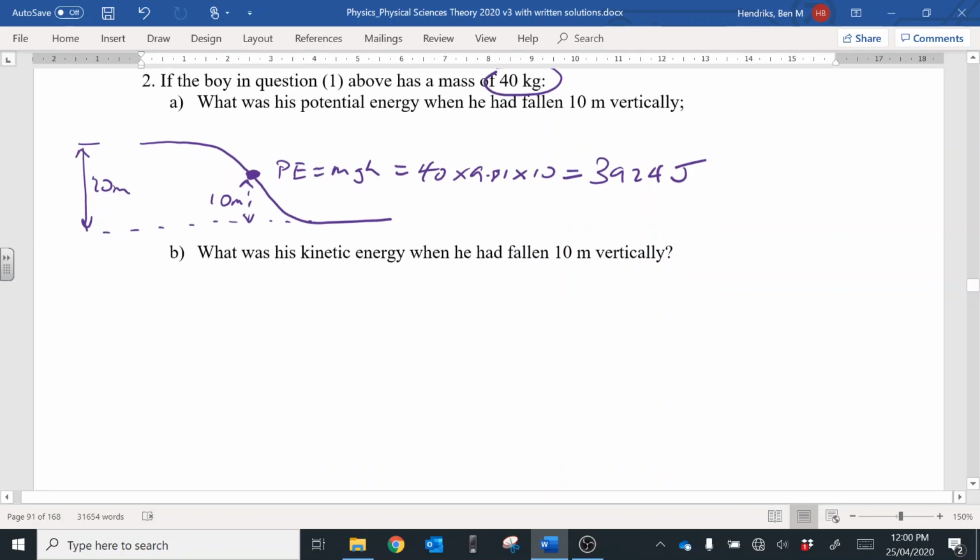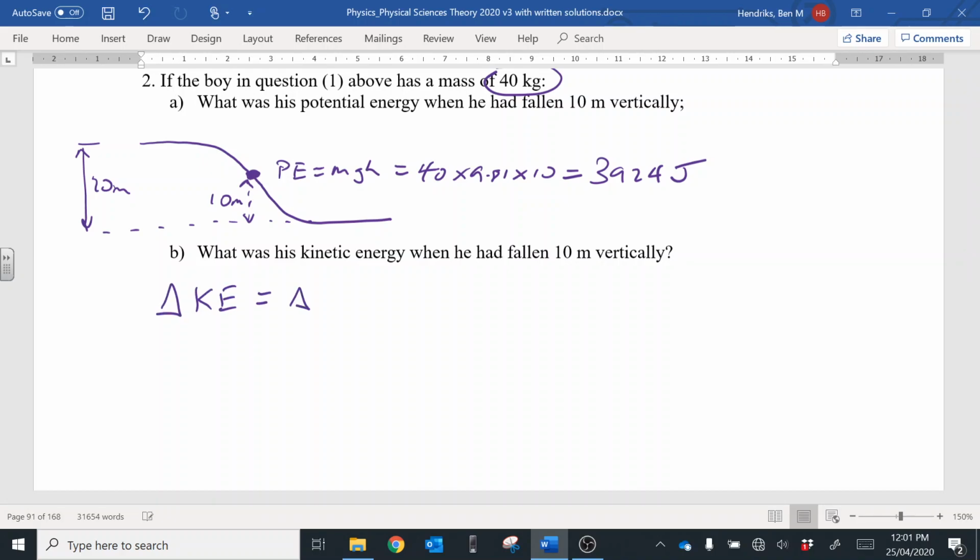Now, what was his kinetic energy when he had fallen 10 meters vertically? Well, we can say that the change in kinetic energy equals the change in potential energy. We could go through the maths and work out what his potential energy is at the top, but it's just going to be twice this number here, because he's fallen half his height.